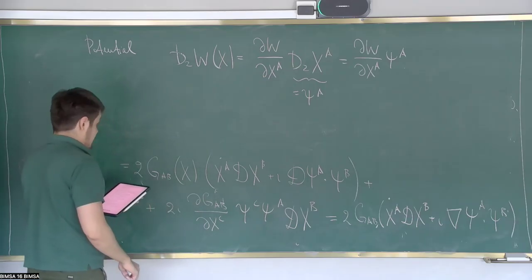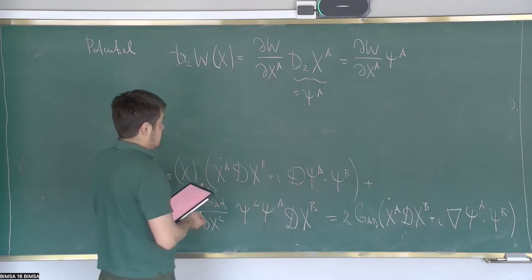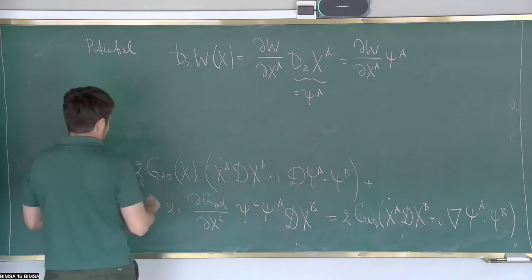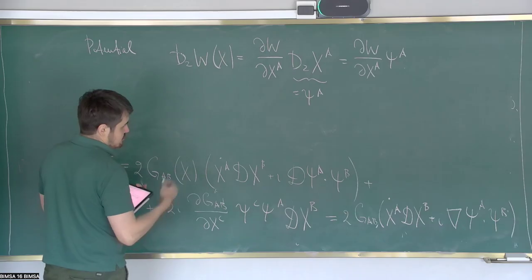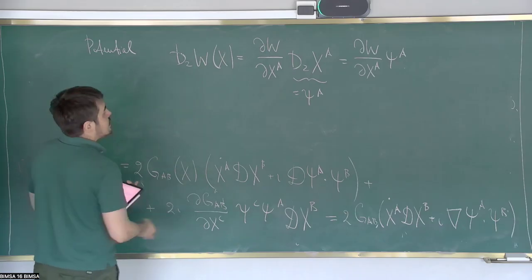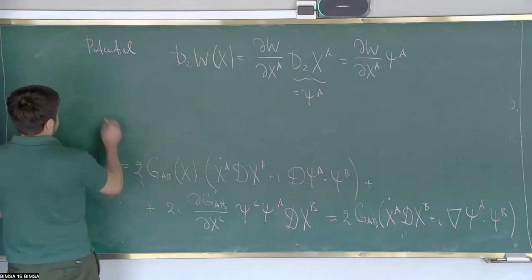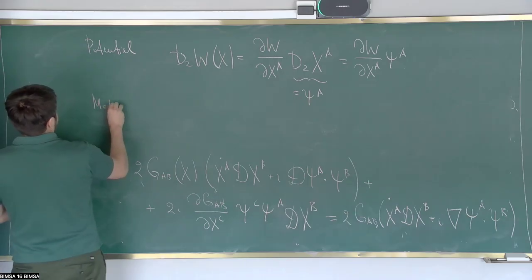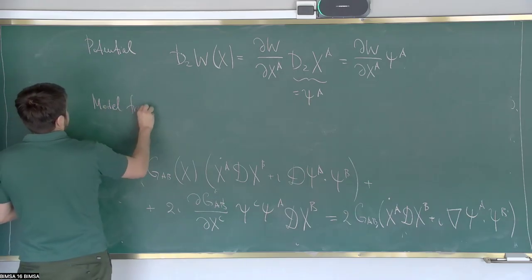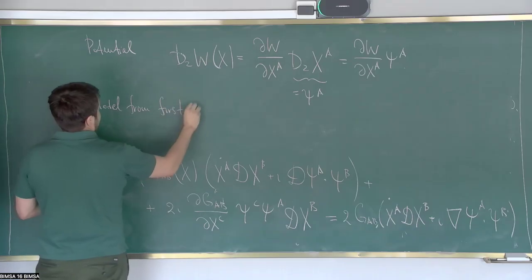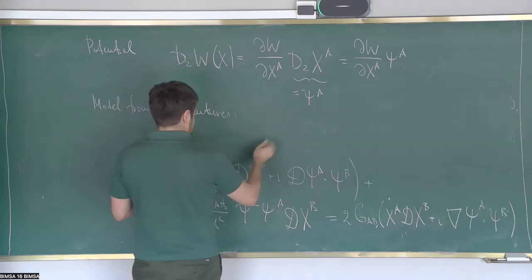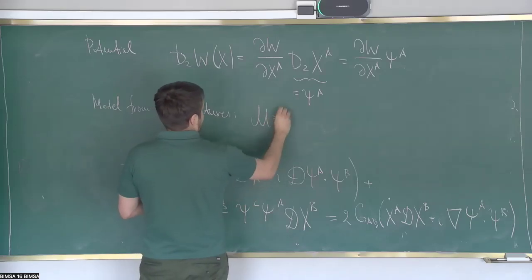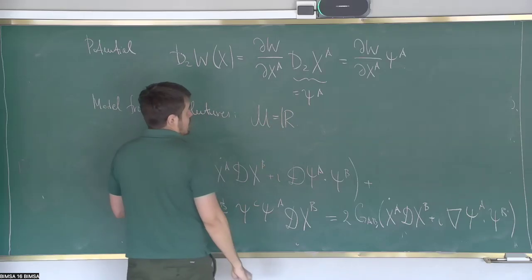If you remember, we considered the Witten model in flat space, so just a model of a one-dimensional particle in a potential. The model from the lectures. And M is just R^n, an n-dimensional space.